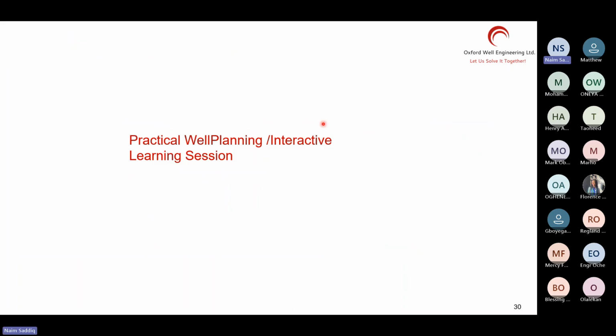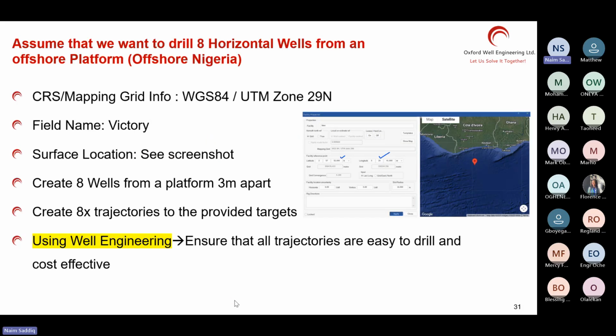Now, we got a little bit of time, so let's just quickly show you around a little bit about the software. Before we go there, I would like you to kind of feel for what we are trying to do here. In this session, I will pick up a location offshore Nigeria. Okay, offshore Nigeria, say field, whatever the field name is. I will create 8 well slots on the platform.